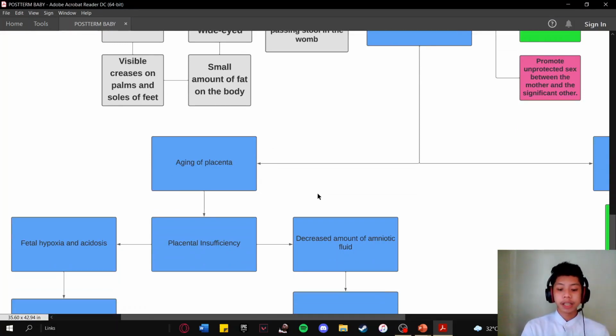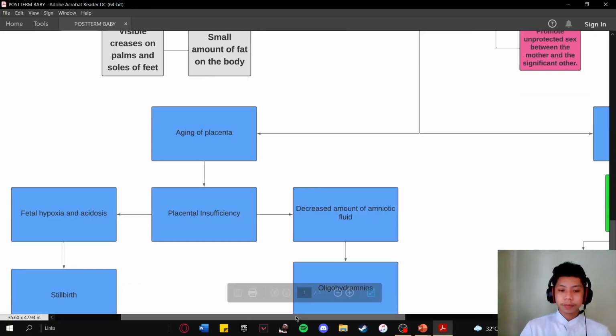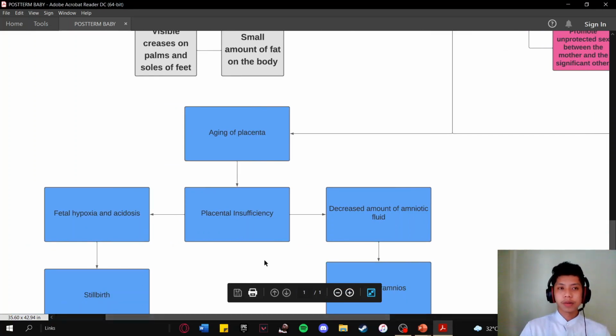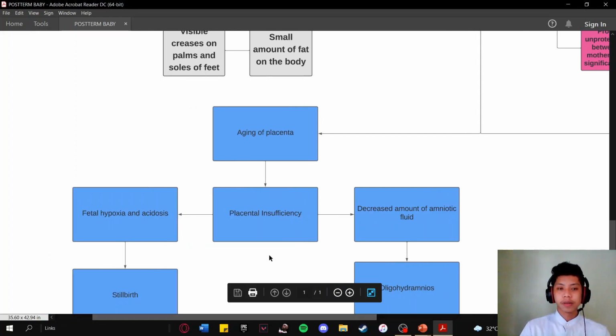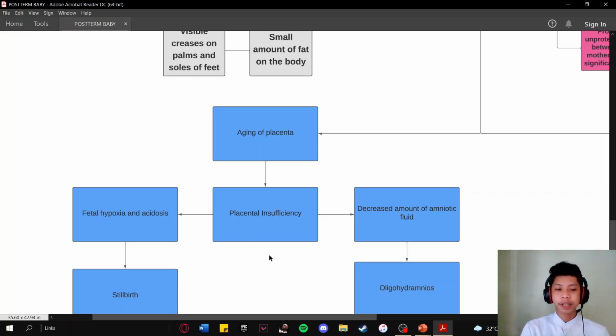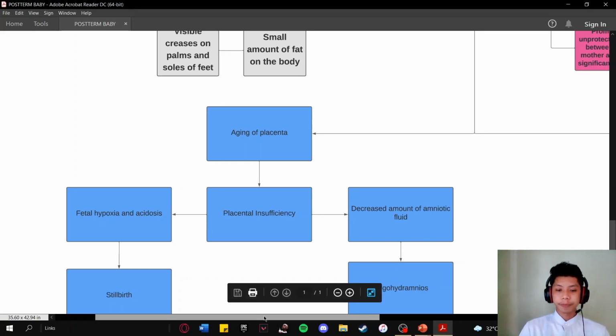Placental insufficiency means that the placenta can no longer sustain nutrients for the baby. It can also reduce transmission, and placental insufficiency can affect respiration inside the womb of the mother.